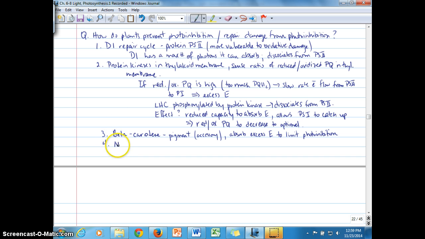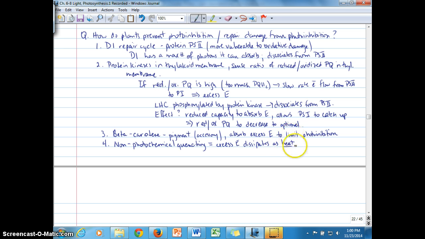Another mechanism for preventing oxidative damage is called non-photochemical quenching. Non-photochemical quenching is where excess energy dissipates as heat.